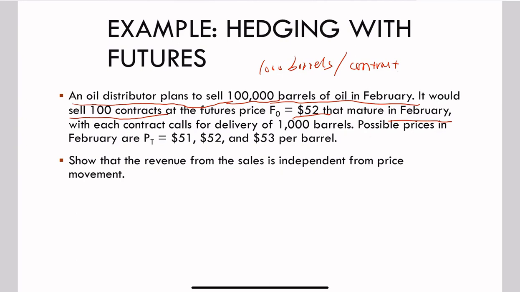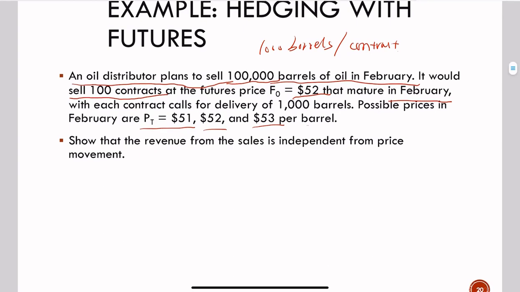The possible prices in the future are 51, 52, 53 per barrel, and show that the revenue from the sales is independent of price movement. If you look at this problem, you could just very intuitively say that, well, I have sold a contract with a futures price of 52.